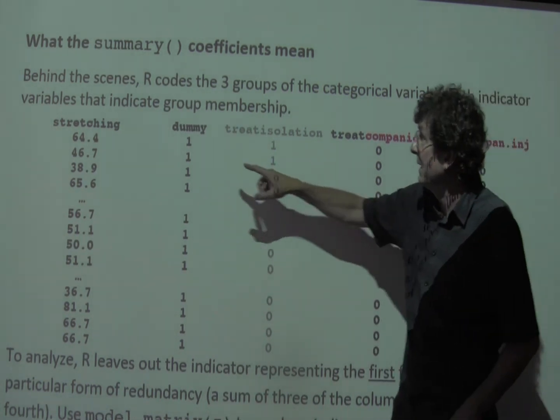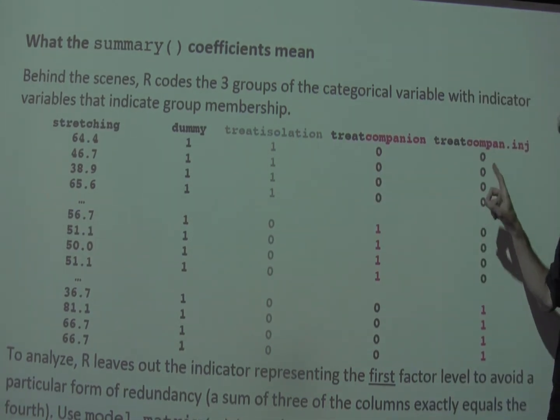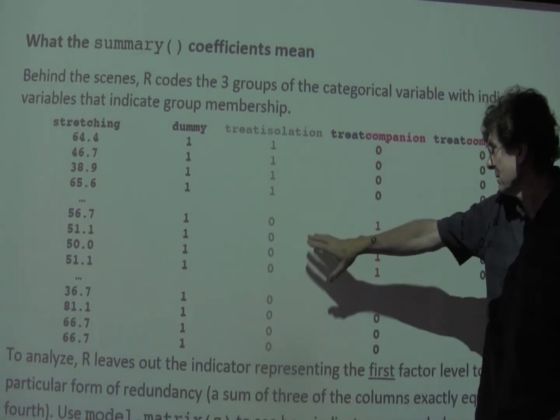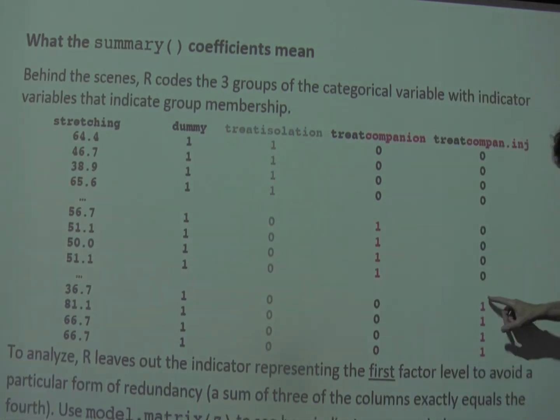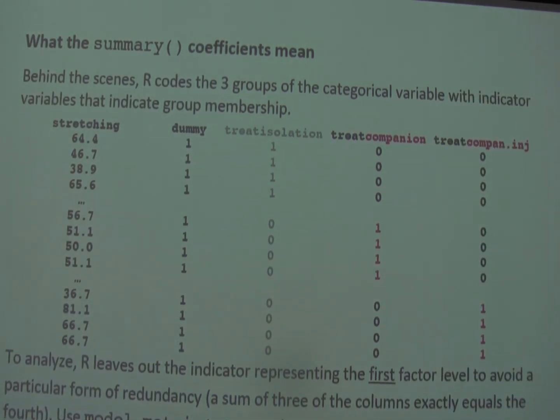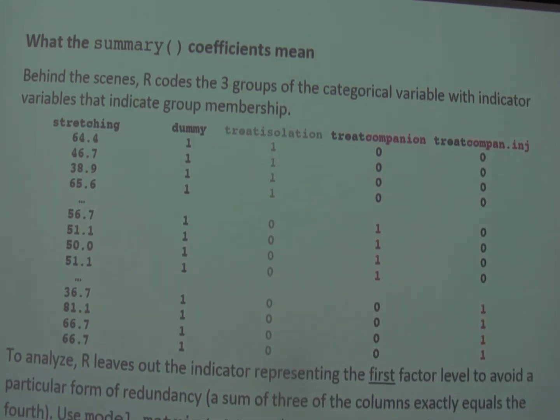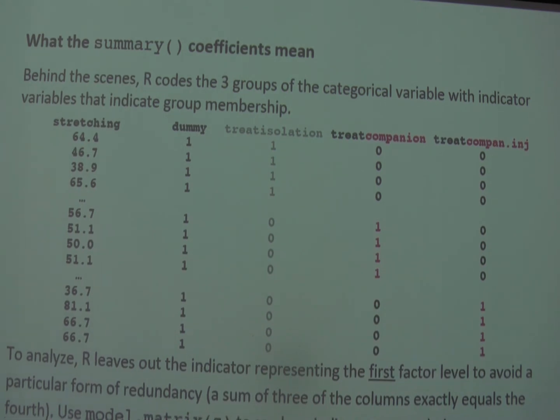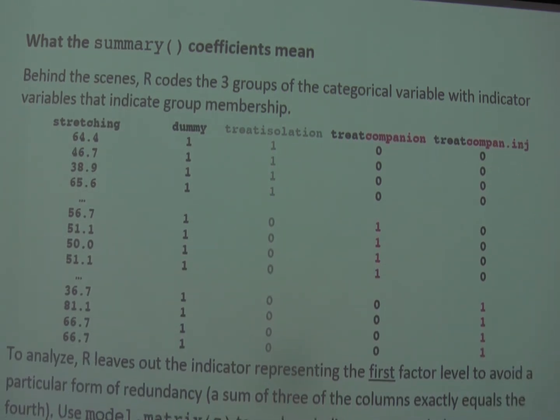A 1 indicates that this individual belongs to this group, but not those. 0 means it doesn't belong, but 1 indicates that these individuals all belong to the second group, and these individuals all belong to the third group, and not to the first or the second. And model.matrix will show you what R does behind the scenes.